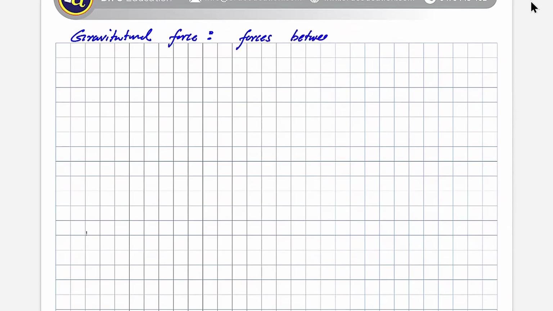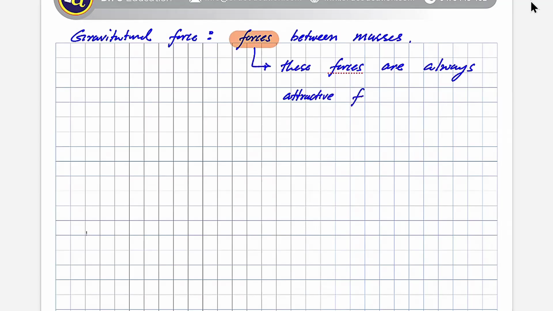Now, these forces are always attractive forces. They're attracting always. Repulsion is not there.